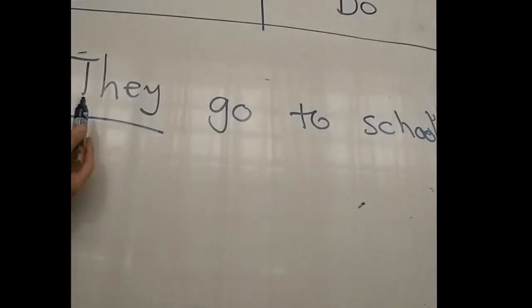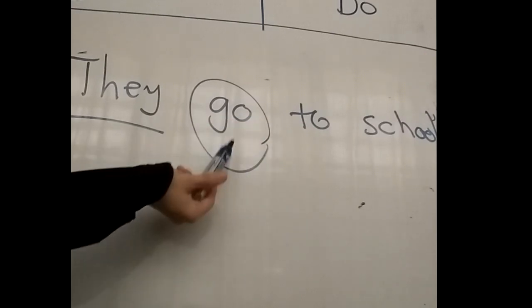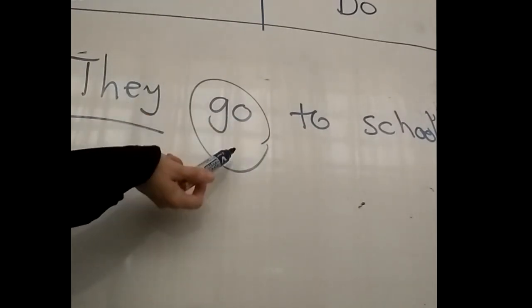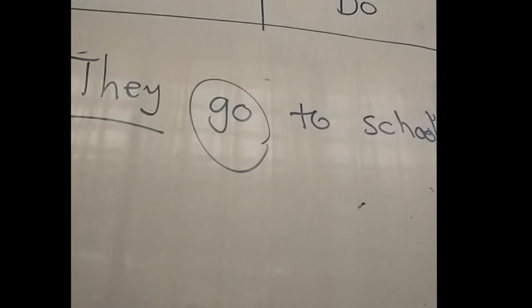So here we have they, which is plural. Nothing happens. We don't say they goes. No, it has to be go. It has to be the base form. Why? Because we only add es or ies or s to singular subjects only.